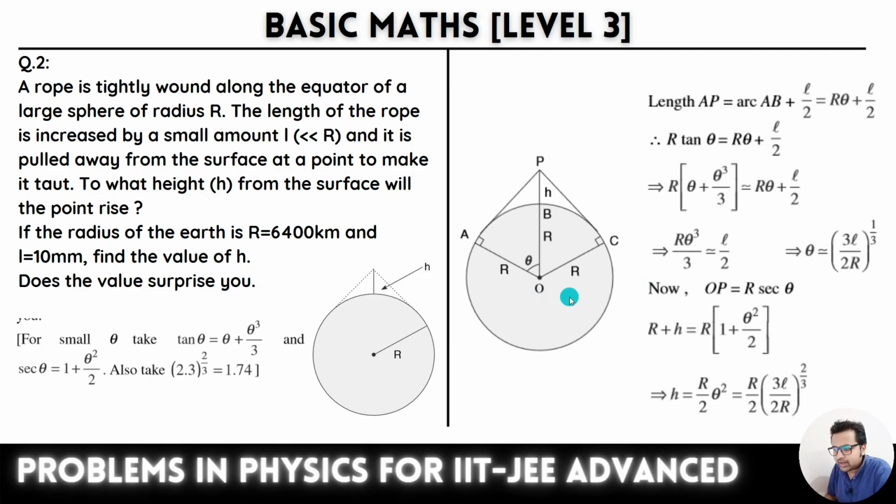That very basic trigonometry you can very easily calculate. OP is R sec theta. So we can write R plus H is equal to R sec theta, and instead of sec theta we can write 1 plus theta squared by 2. So it will become R plus H is equal to R times (1 plus theta squared by 2), and after solving you get H, and instead of theta you can substitute. So you get the formula.